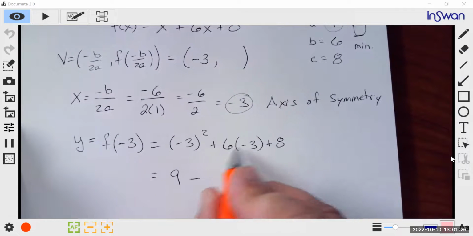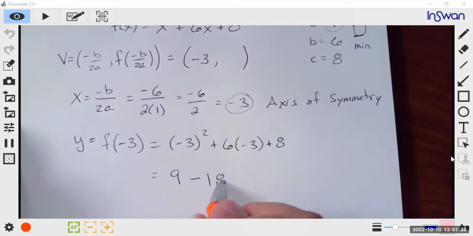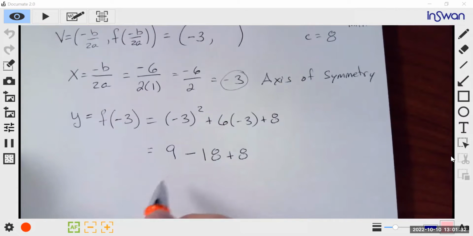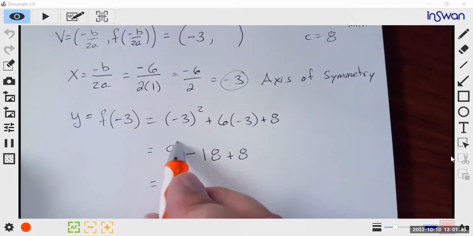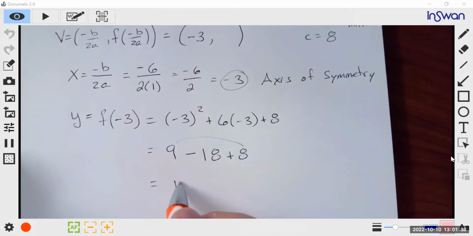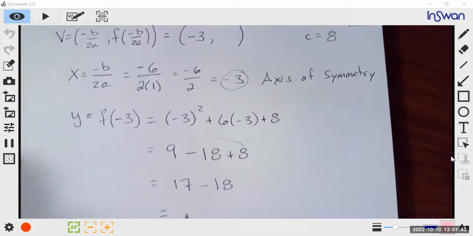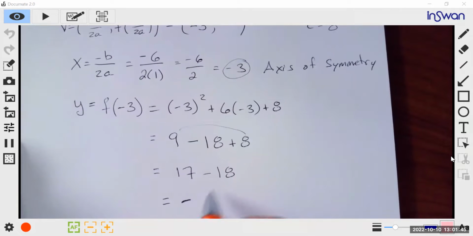Positive times negative is negative. 6 times 3 is 18. Plus 8. Nine plus 8 is 17. 17 minus 18 is... since 18 is bigger, it's negative, -1.